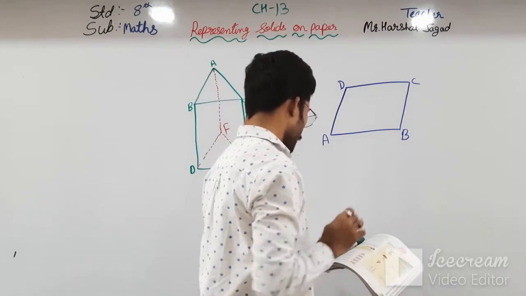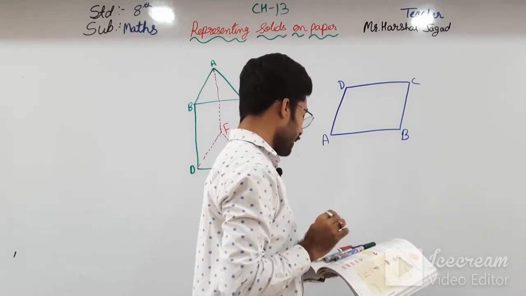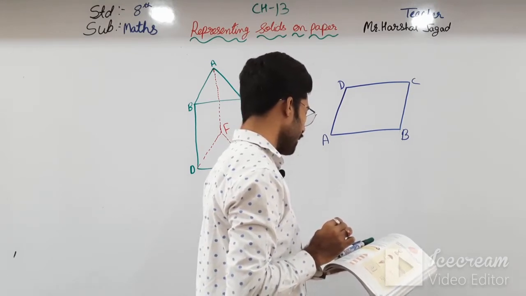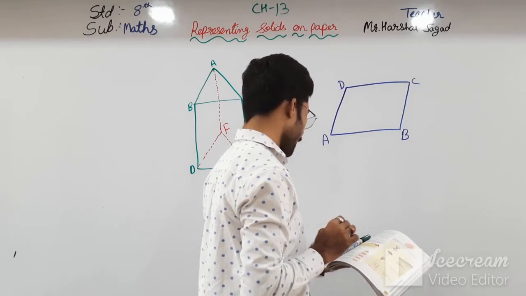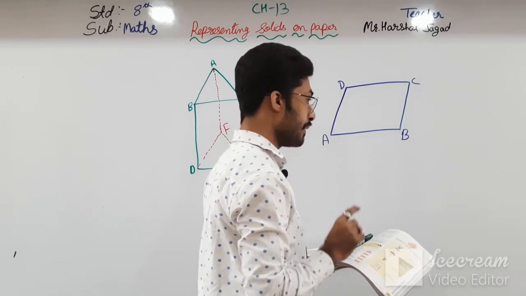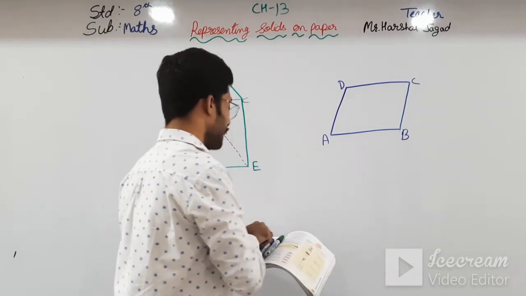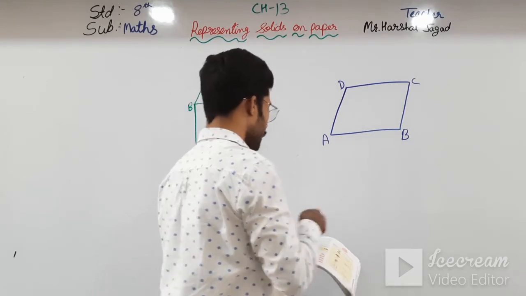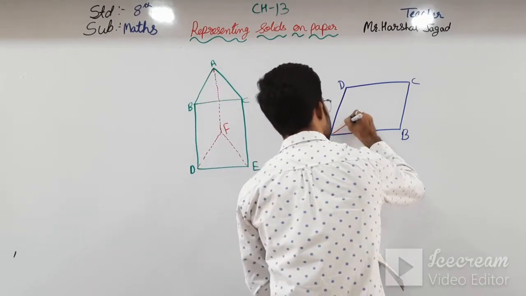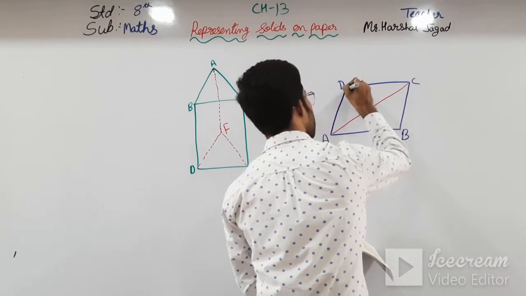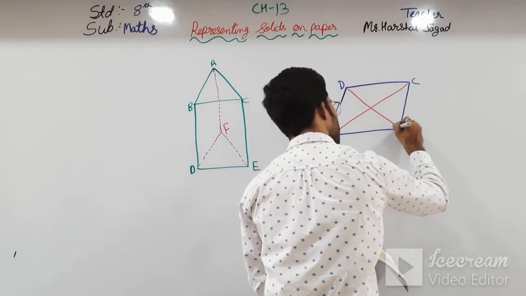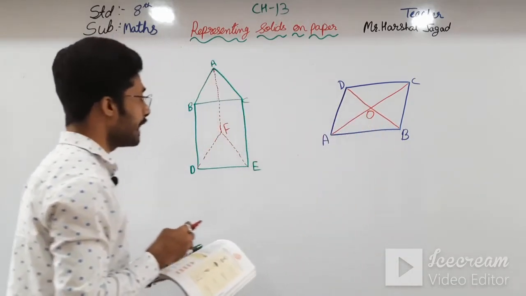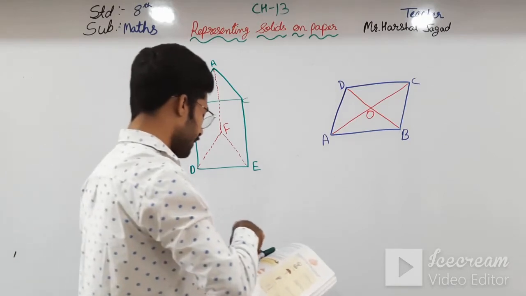So what they are trying to say: take a point P vertically above the meeting point of the diagonals of the rhombus. PO should be perpendicular to A, B, C, D. So first of all, we have to draw the diagonals. See here, the diagonals are like this, and the midpoint of the diagonals we have to name O. Now what are they telling?